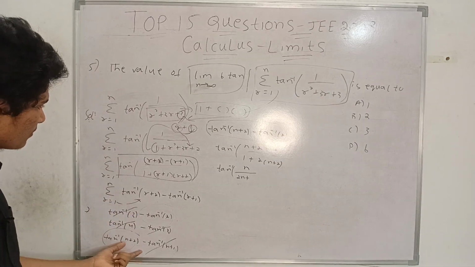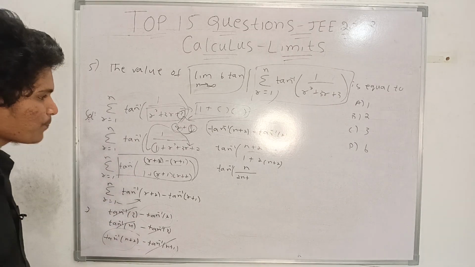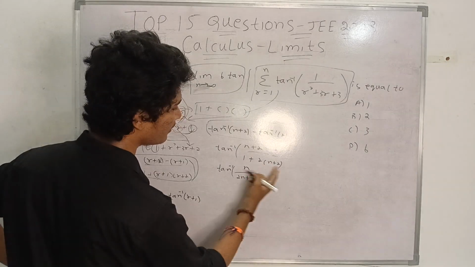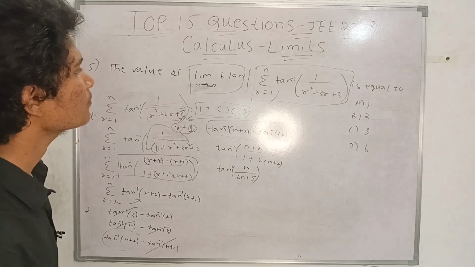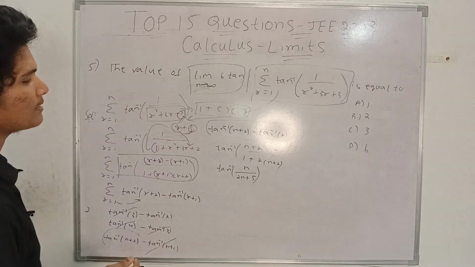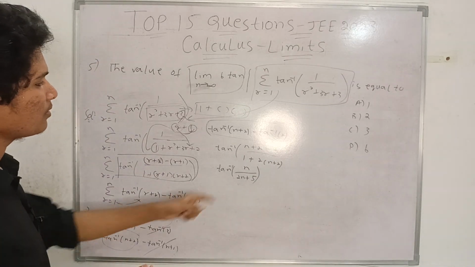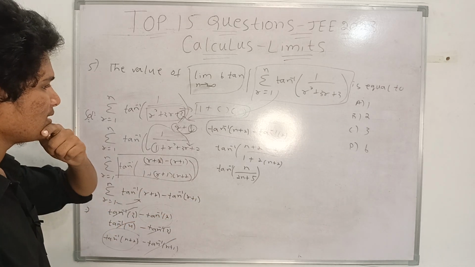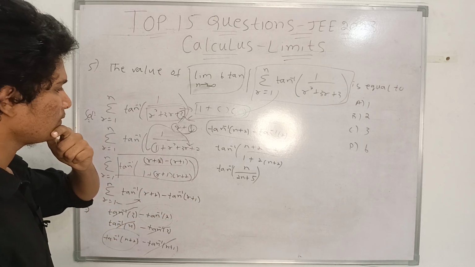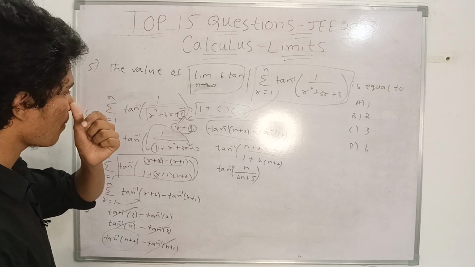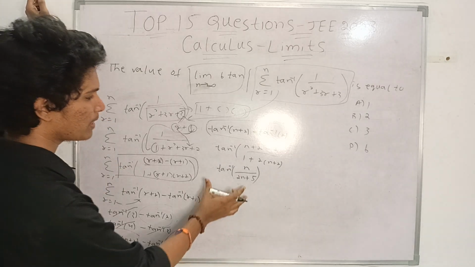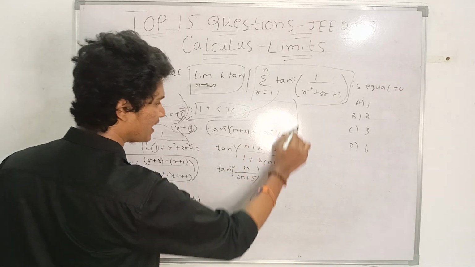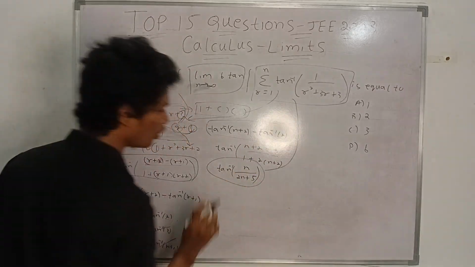Yes, it is correct. So the final answer for this complete inverse part is tan inverse of n divided by 2n plus 5.